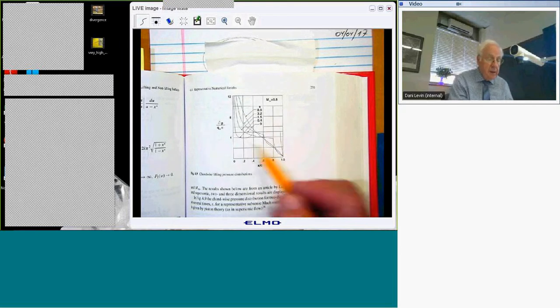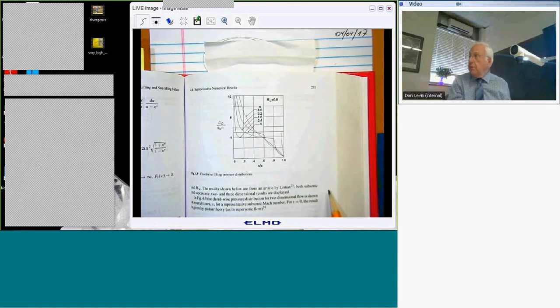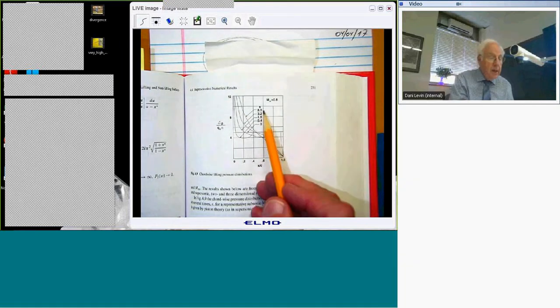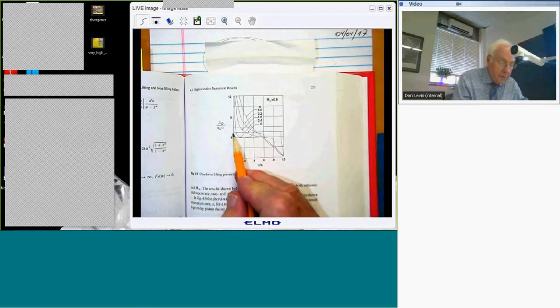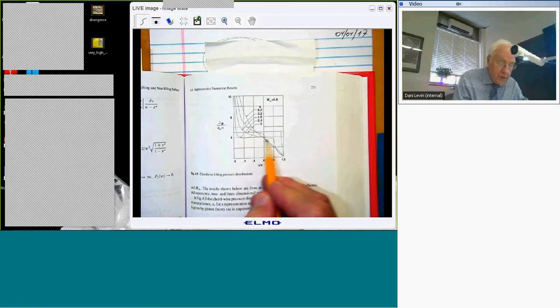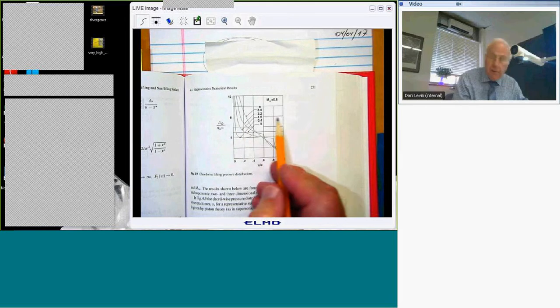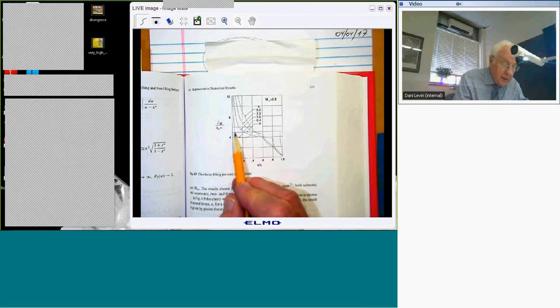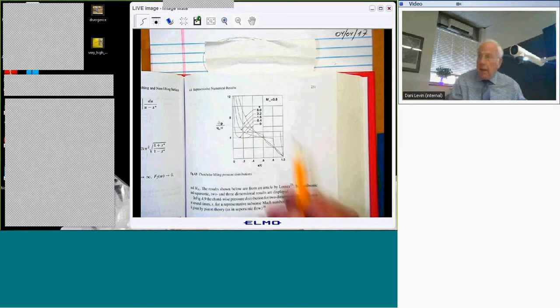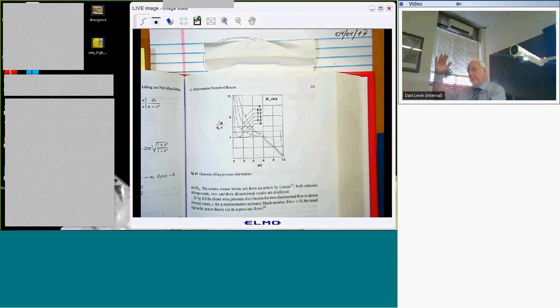And each of these curves is the pressure distribution at a given time. So this straight line is s equals 0. At time t equals 0, when I snap this up, the pressure distribution is uniform.